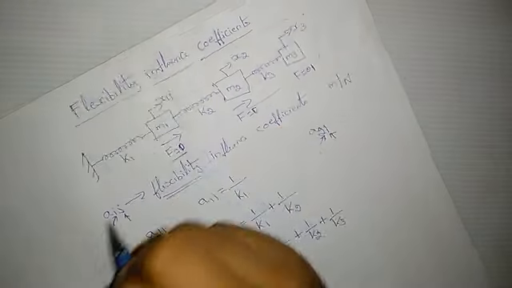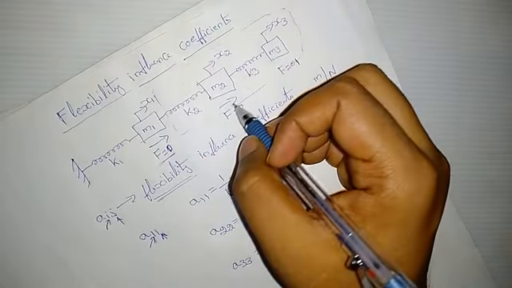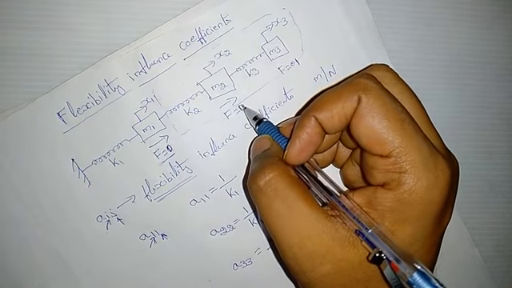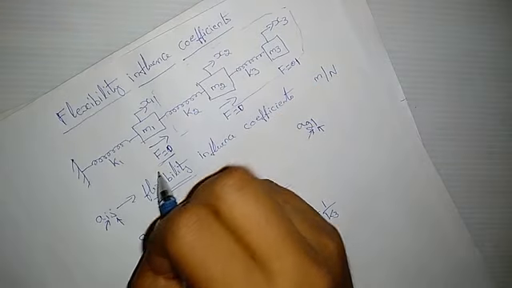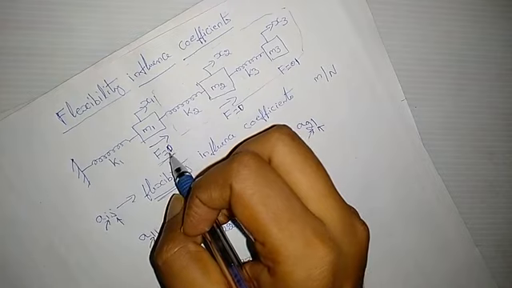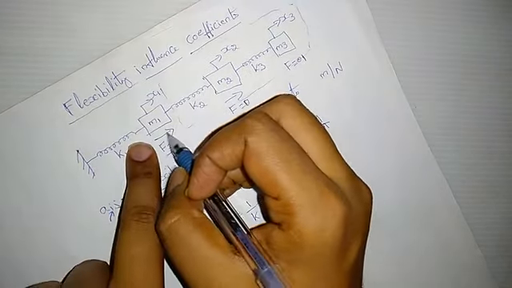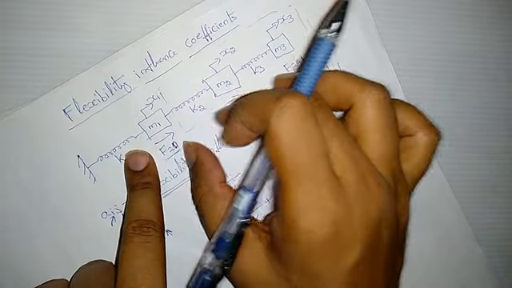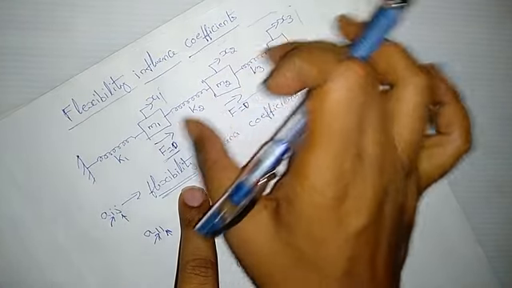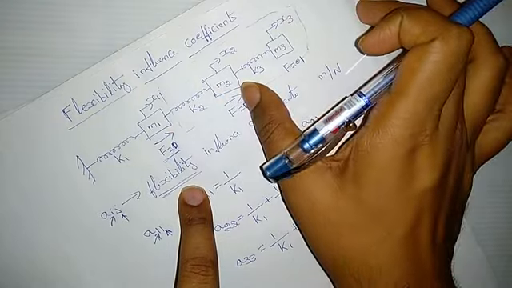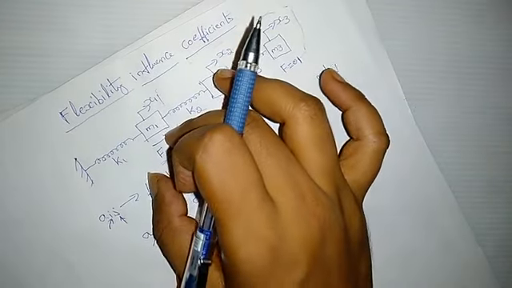You are applying the load at 1 and measuring the displacement at 2. When you apply load at 1, only this spring stretches. So the amount this one moves, that much this also moves, because this whole thing is in rigid body motion when you apply load over here.